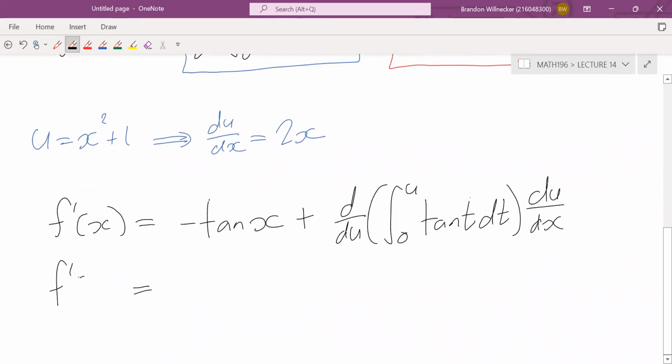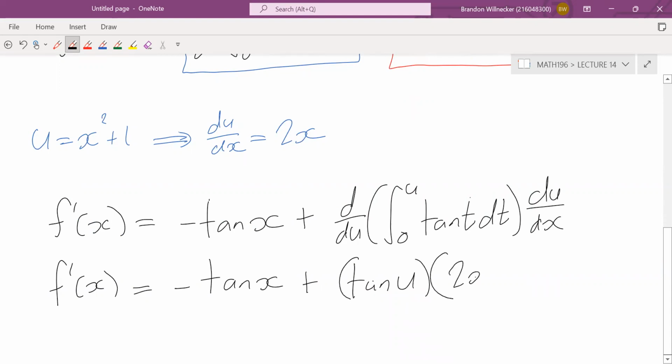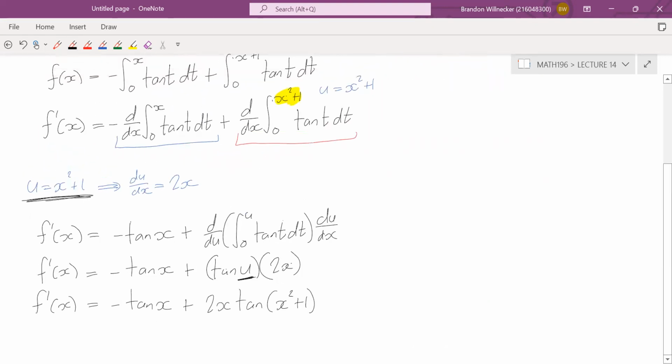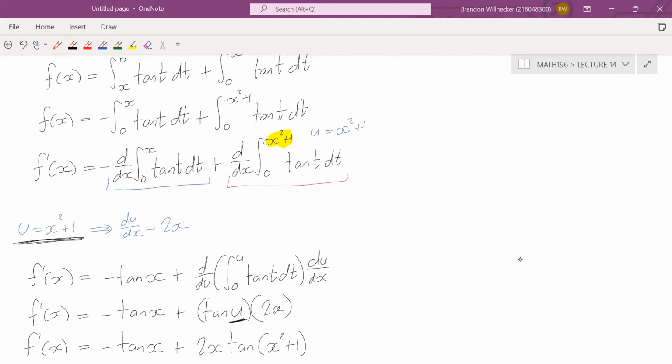So f prime of x is going to be minus tan of x plus tan of u times 2x. Okay, but we don't want tan of u. We need to put the x expression back. So this is going to be f prime of x is equal to minus tan of x plus 2x times tan of (x squared plus 1). Okay, are there any questions about this one?